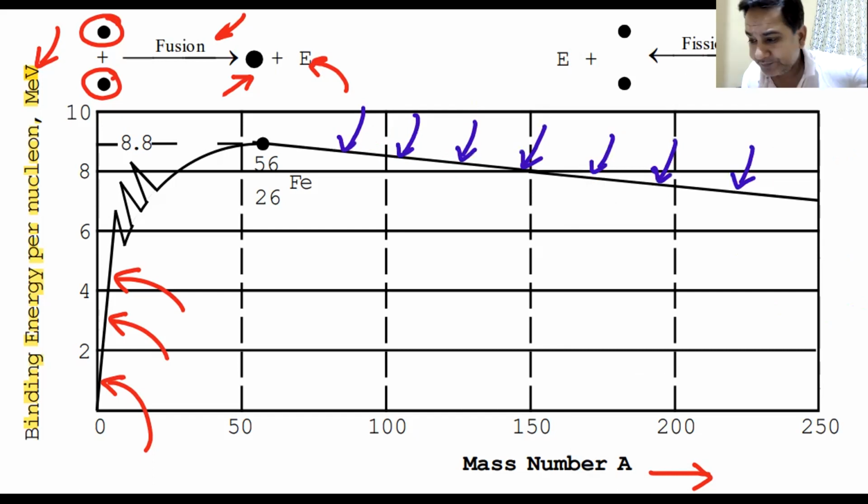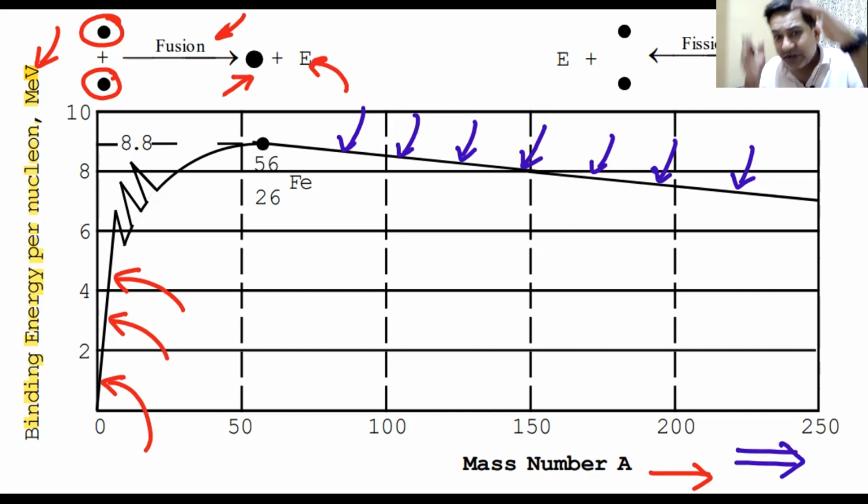Do you see that? Yes, sir. That means as I get a bigger nucleus, it becomes less stable. Now, if a bigger nucleus is less stable, what tendency will it have? A bigger nucleus is less stable, but a smaller nucleus is more stable.